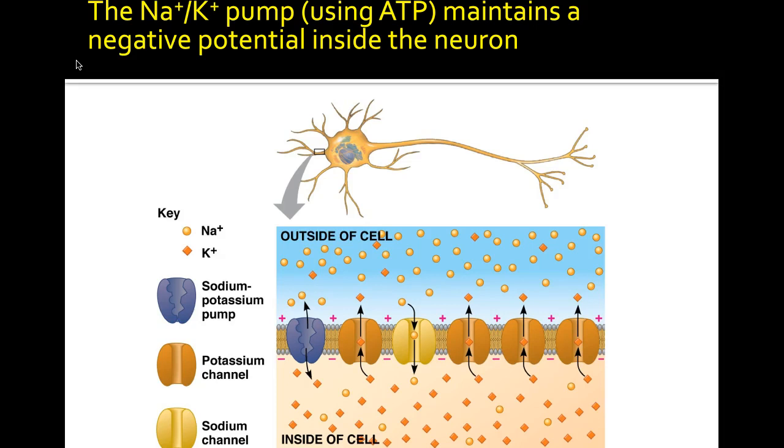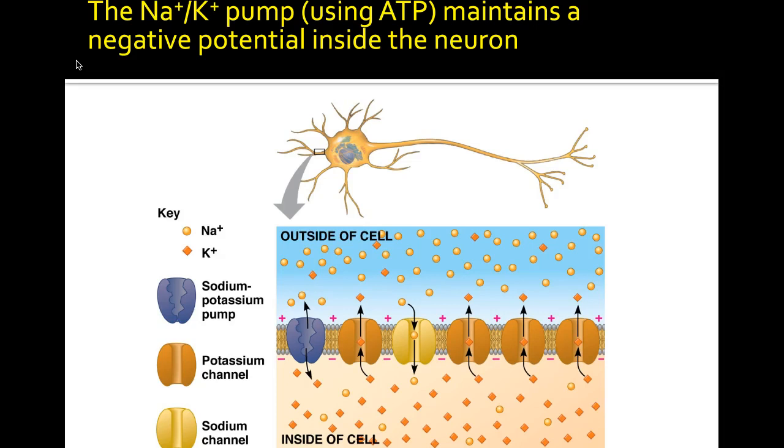Inside the cell is a low sodium concentration. So it's a lot more difficult for that sodium to come into the cell to balance out that concentration, but it is able to move with the concentration gradient. It's just at a slower rate for the sodium to come inside.